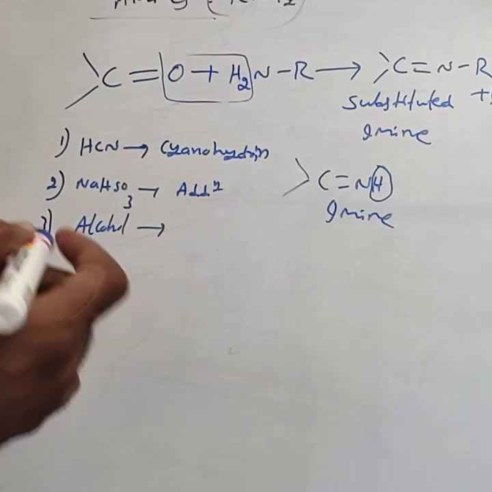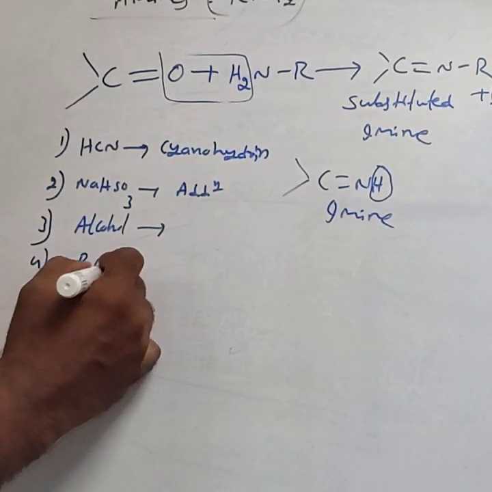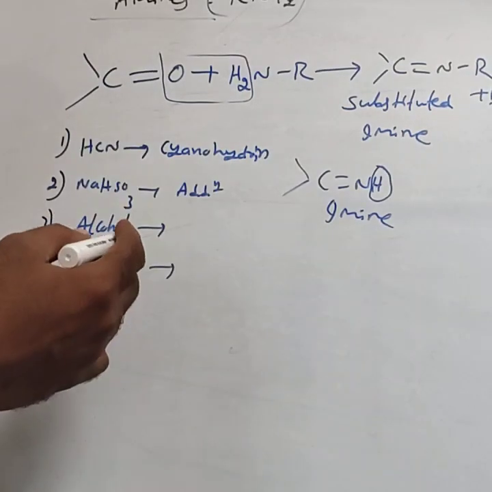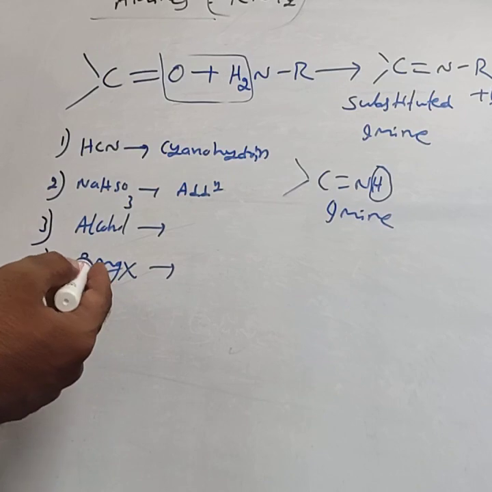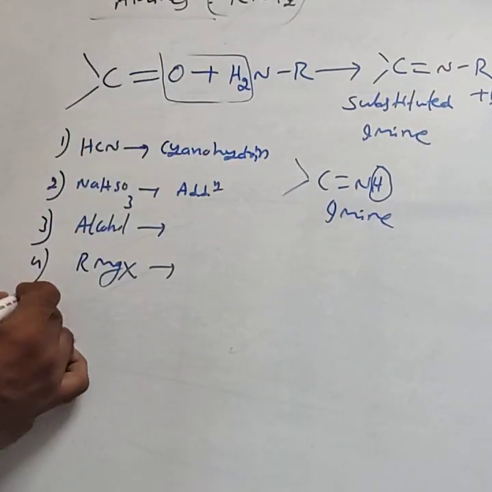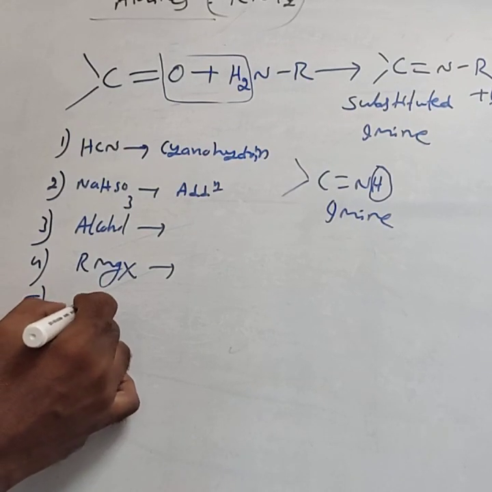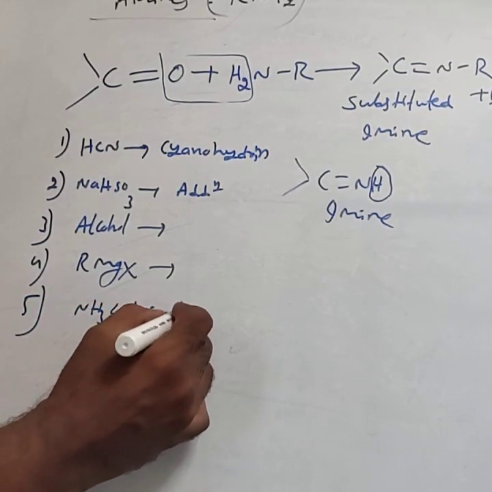Ketones form the ketal. Then with Grignard reagent, aldehydes form primary alcohol and secondary alcohol, while ketones form tertiary alcohol. Then the last one is reaction with ammonia and its derivatives.